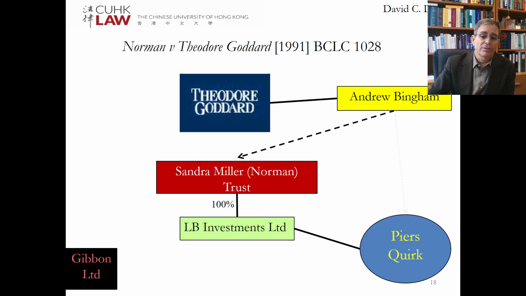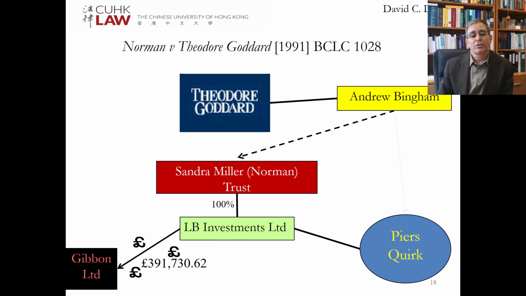Bingham then advises Mr. Quirk to invest funds from LB Investment in a company called Gibbon. And these funds are ultimately lost, as you can read in the case. And then the question is, has Piers Quirk violated his duty of care to LB Investments by transferring those funds to Gibbon Limited without more knowledge about the transaction or Gibbon Limited?